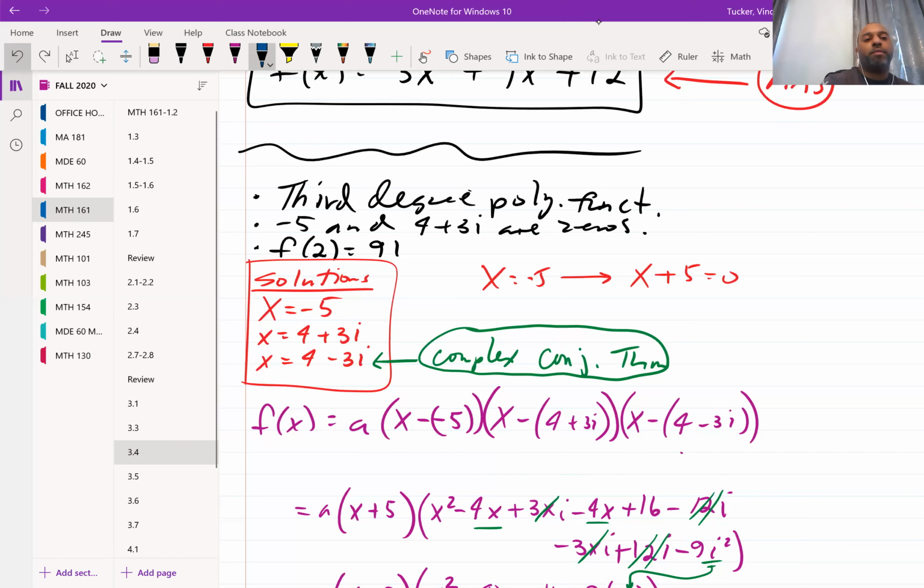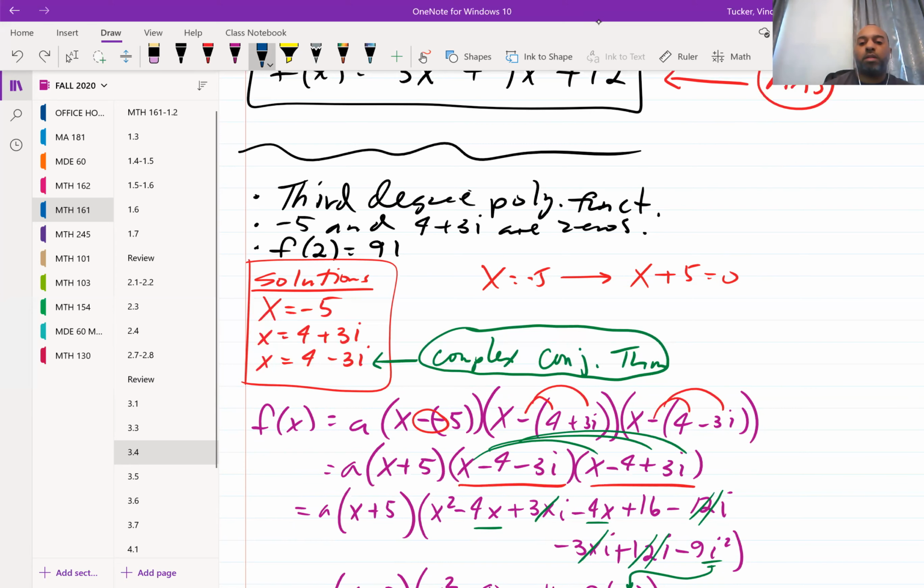All right, next step is to simplify what we have. That negative to negative turns positive for that 5. Then we want to distribute the negative into both of our imaginary solutions. And that's what we have here. x plus 5, x minus 4 minus 3i, x minus 4 plus 3i.